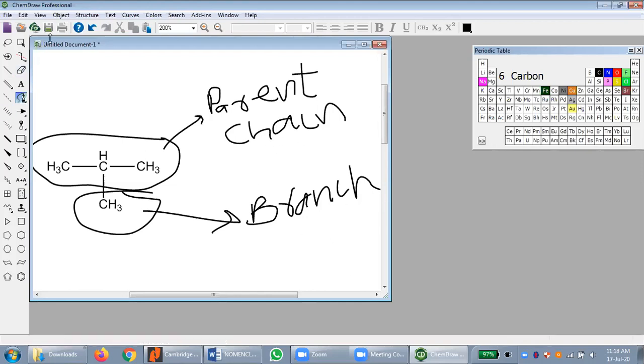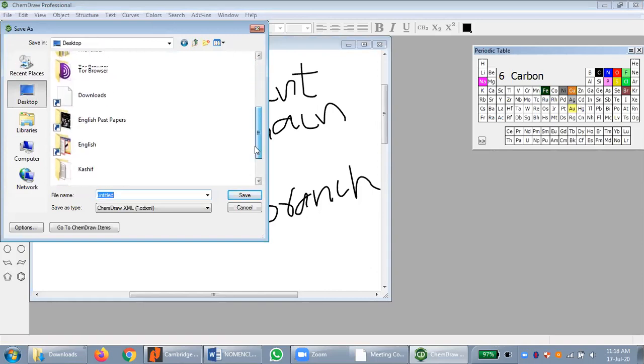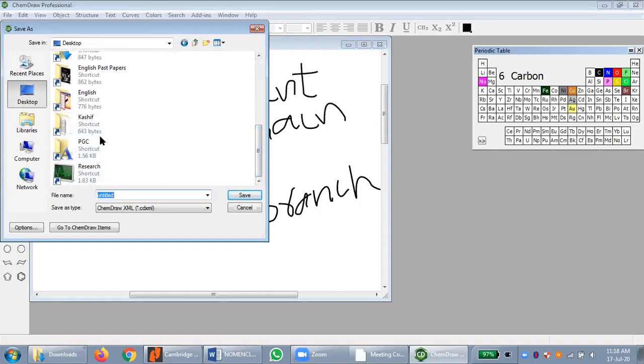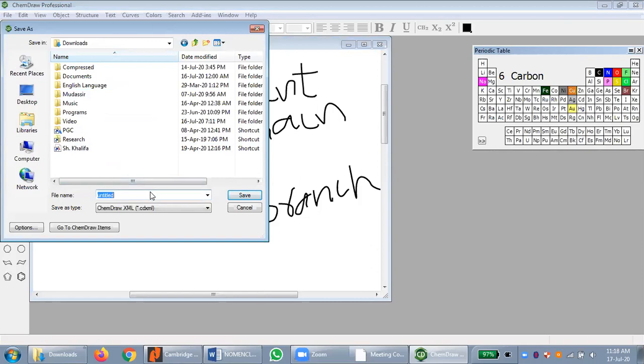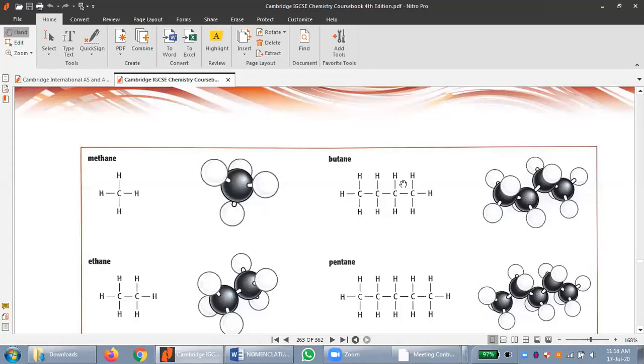Let me save this document as nomenclature. We'll use the same document tomorrow. So as the class is about to end, we'll go with the numbering and the rules of nomenclature to recognize what part of the structure is parent chain and what part is branch tomorrow. As far as that part is concerned, I'm going to close the whole thing.